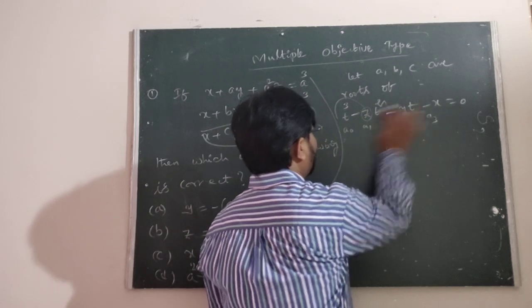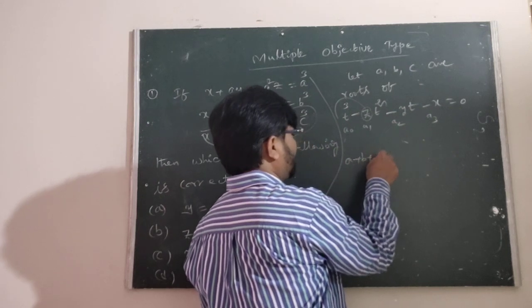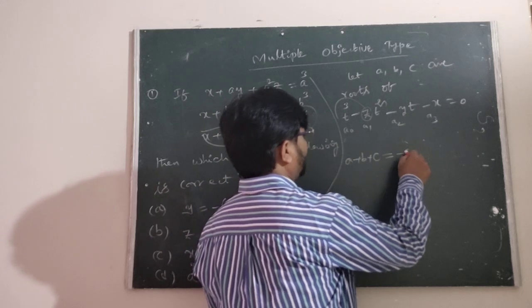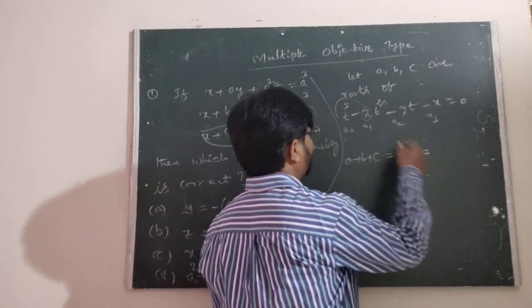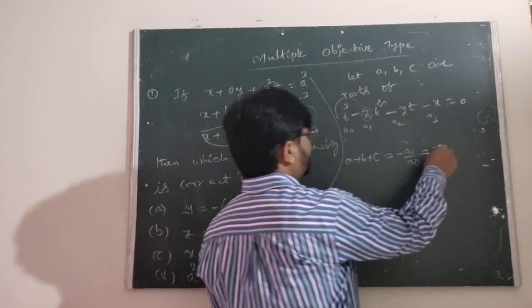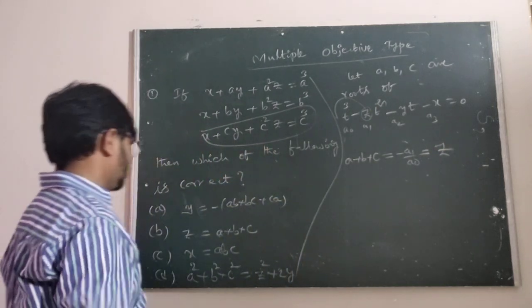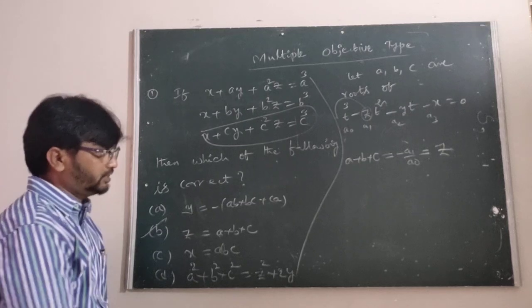The sum of all roots, called s1, has the form minus of a1 by a0, which is z. So a plus b plus c is z. Option B is the correct answer.